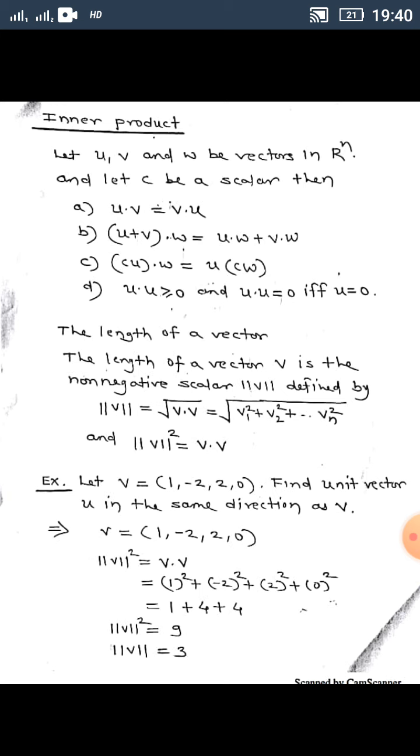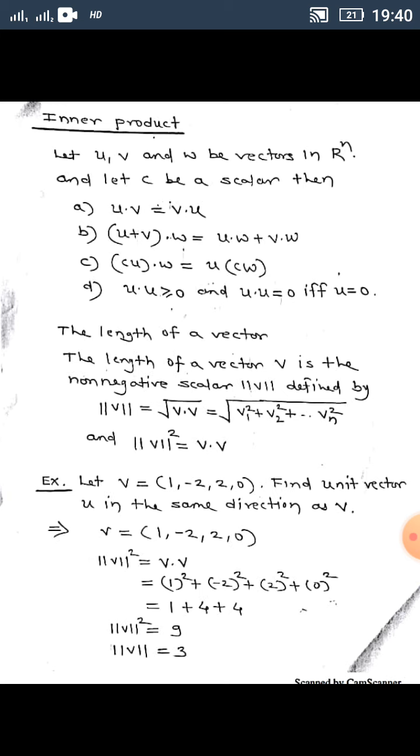So we can calculate the magnitude according to how many elements that vector has. If two elements, then addition of squares of two elements. If three elements are there, addition of the squares of three elements. In the square root, if we simplify, that will be the length or magnitude of the vector.